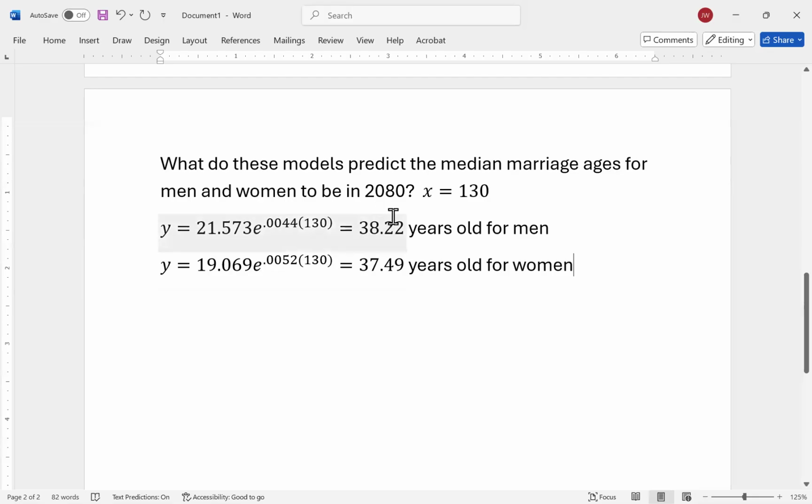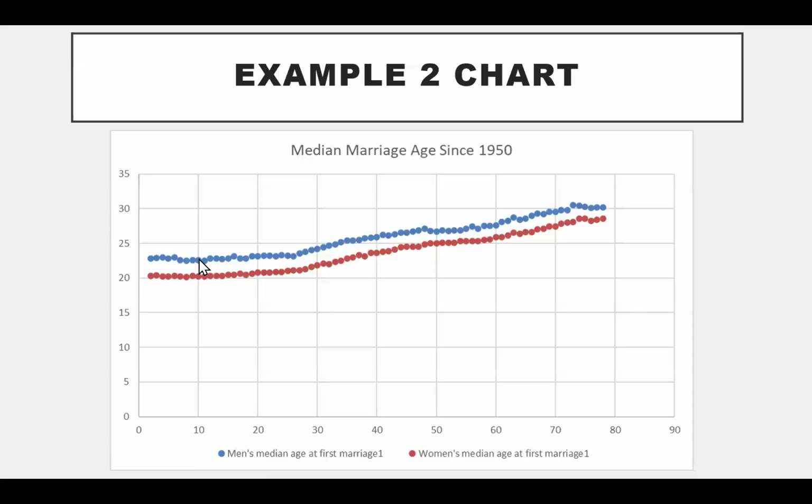So the question is, would this same trend keep up? Would we still be growing well off into the future? Or would this kind of level out and level off?